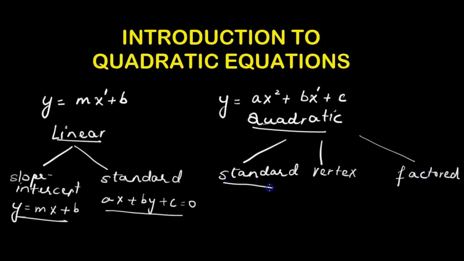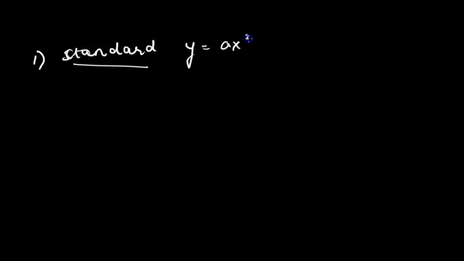Let's take up these three forms of quadratic equations and understand their general equations. In later lessons, we will deal with each of these forms individually in detail. The first form, called standard form, is y equal to ax squared plus bx plus c.